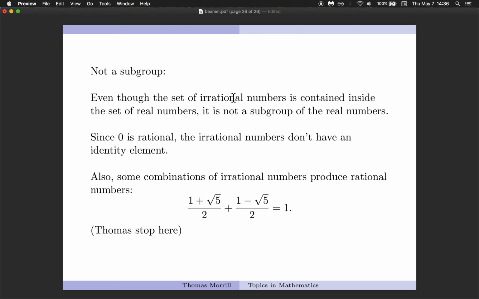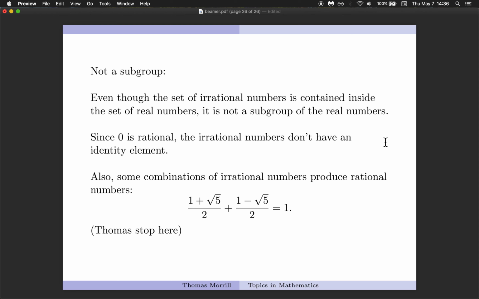Let's look at the set of irrational numbers, which is of course contained inside of the set of real numbers. The real numbers form a group under addition, but I claim that the irrationals don't, and they fail my test on two different counts.